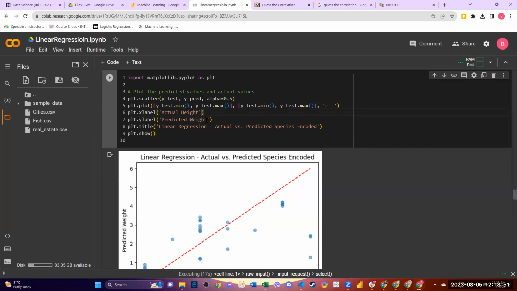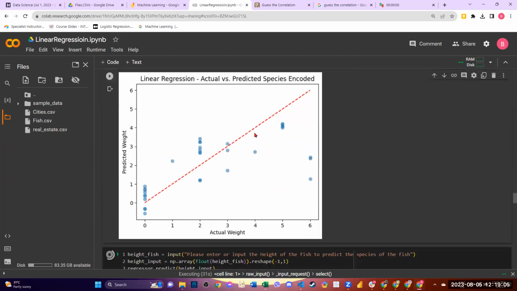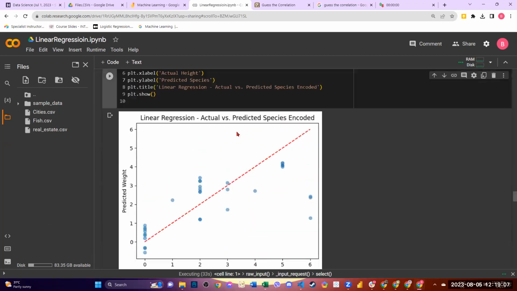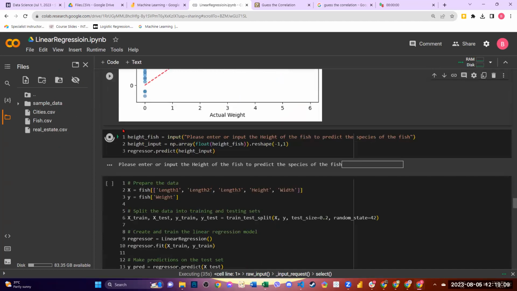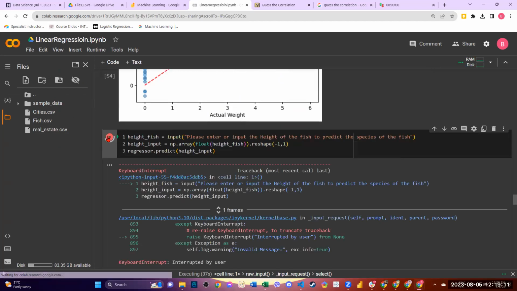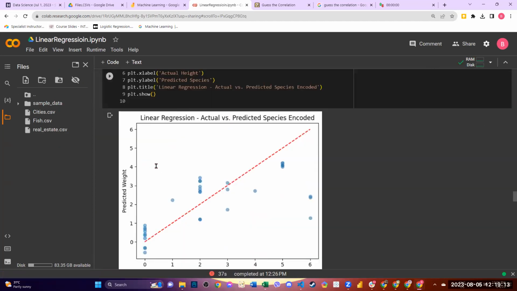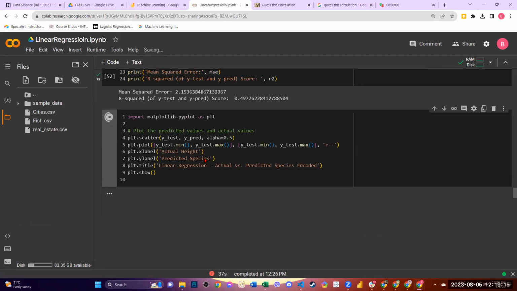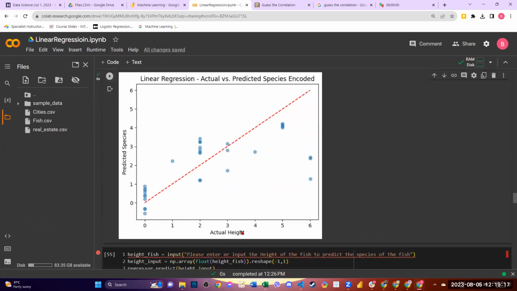Given the actual height of the fish, we can predict its species, we can predict the species, right? So let me pause this one. Let me run this one first with the modification.